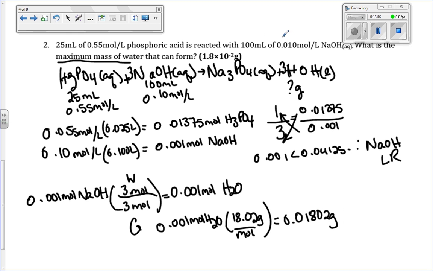We look up here, we see that we have 2 significant digits here, 3 here, 2 over here, and 2 here. So our answer needs to have 2 significant digits: 1.82 times 10 to the negative 2 grams of water.